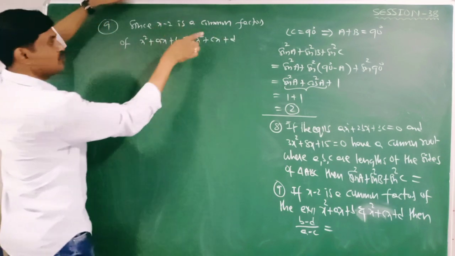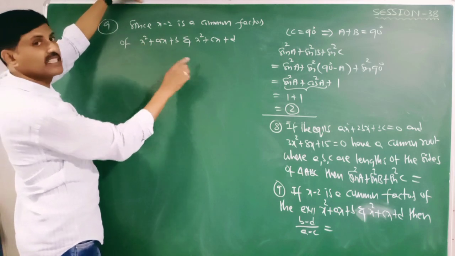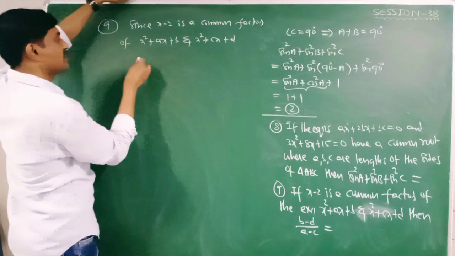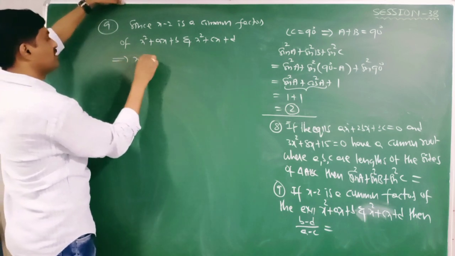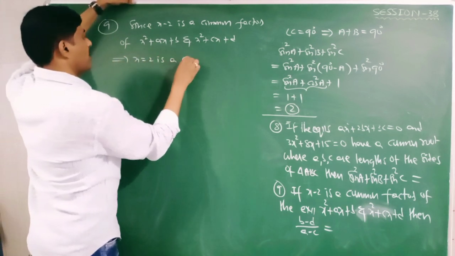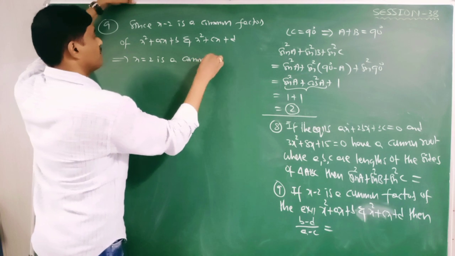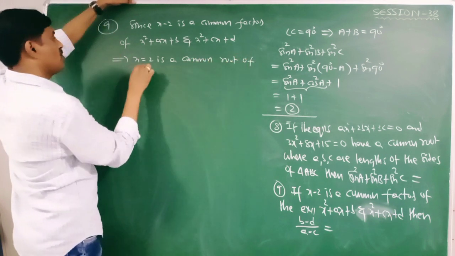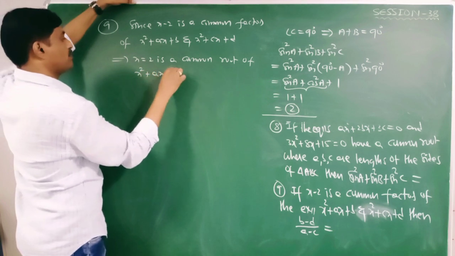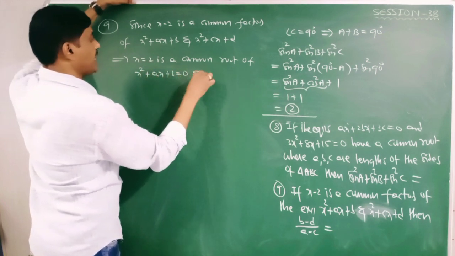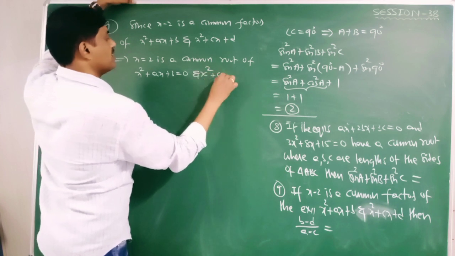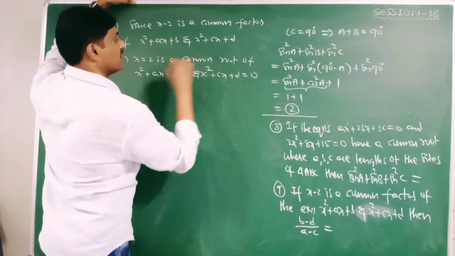Now x minus 2 is a common factor of these two is nothing but x is equal to 2 is a common root for these two equations. Therefore x is equal to 2 is a common root of x square plus ax plus b is equal to 0 and x square plus cx plus d is equal to 0.